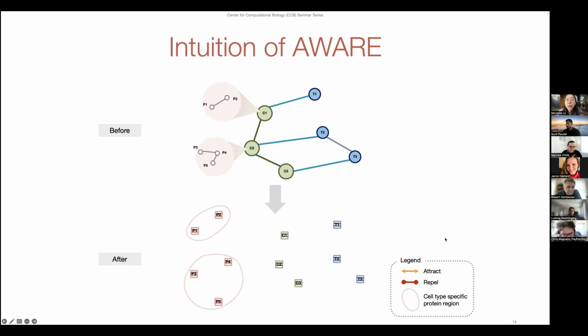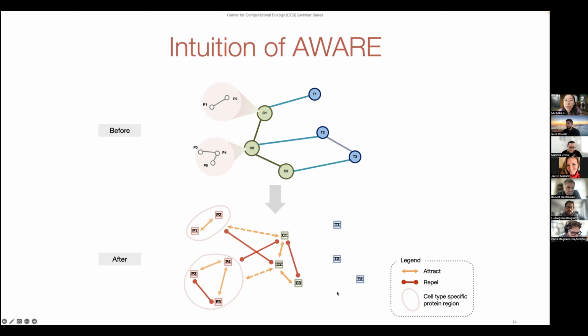So let me give you an intuition of the model. Given a network like the one at the top, AWARE embeds the protein, cell type, and tissue such that the protein embeddings from the same cell type are attracted to each other if those proteins share an edge. If they don't share an edge, their embeddings are repelled from each other. Protein embeddings from the same cell type are attracted to the corresponding cell type embedding and repelled from other cell type embeddings.